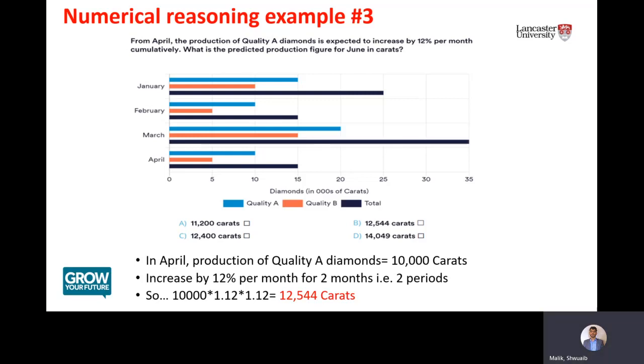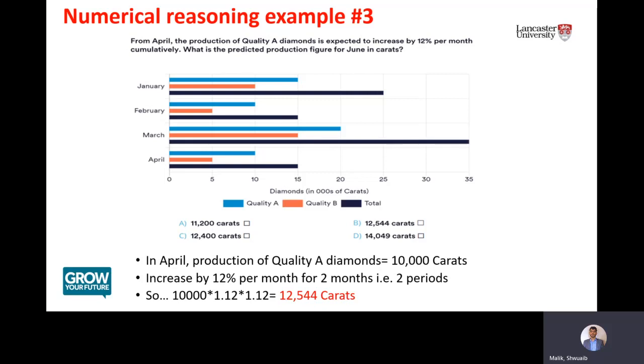Now, you might be thinking, where have I got 1.12 from? Let me explain. For percentage increase questions, you need to put 1 point, followed by whatever number you want to increase by. In this particular case, it was 12%, so it was 1.12. If you wanted to increase by 5%, it would be 1.05.